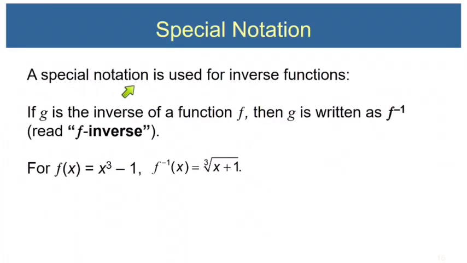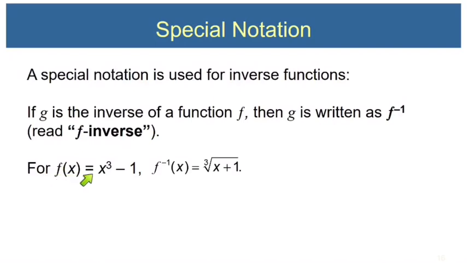Now there is a special notation used for inverse functions. If g is the inverse function of f, then g is written as what looks like f to the negative 1, but we pronounce it f inverse. In fact, that negative 1, although it's a superscript, is not an exponent, and f is not a base. So it looks like f to the negative 1, but we read it as f inverse.